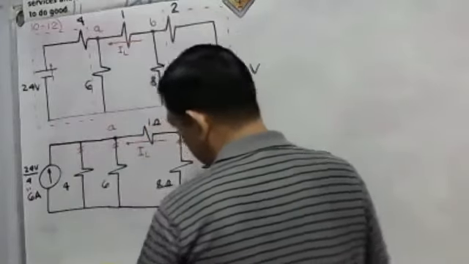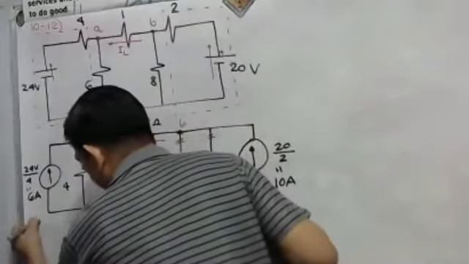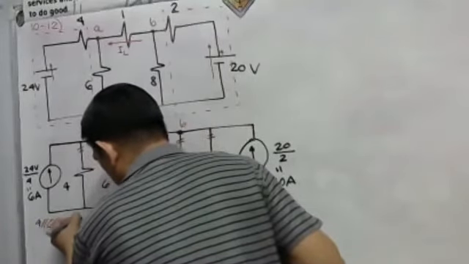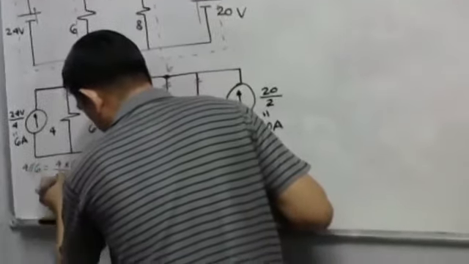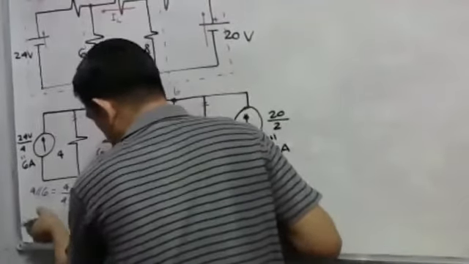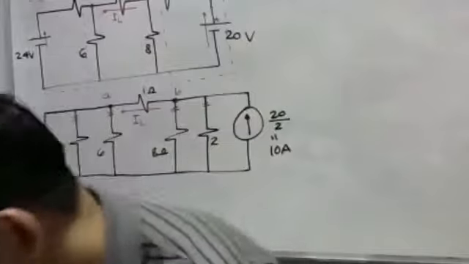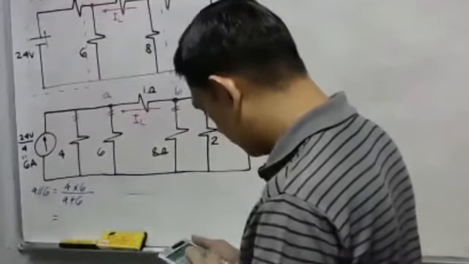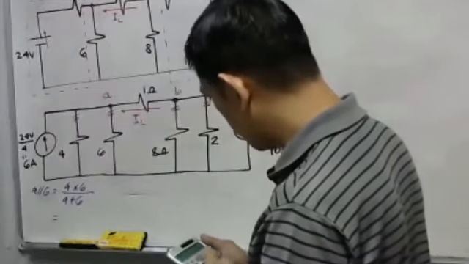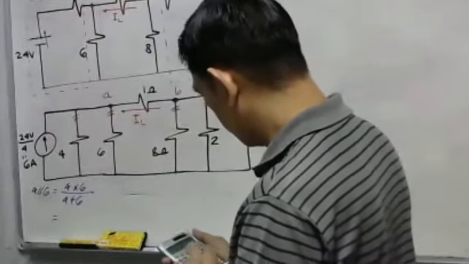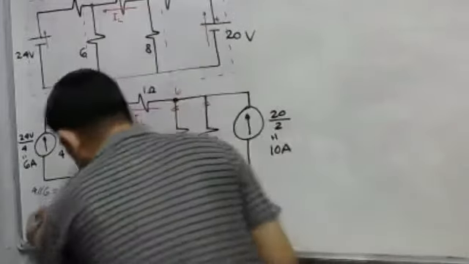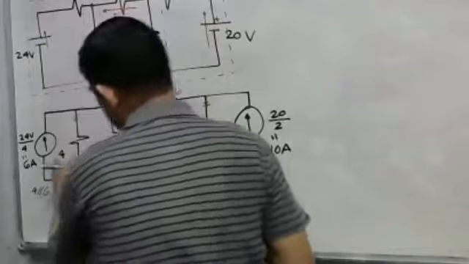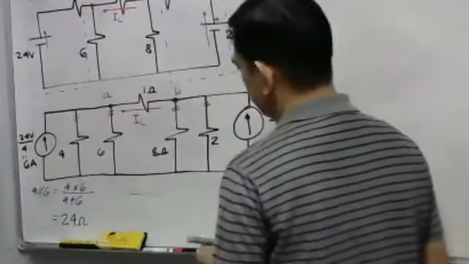Let us have the 4 ohm in parallel with the 6 ohm resistor: 4 times 6 over 4 plus 6. That is 4 times 6, divided by 10, so that is 2.4 ohms. That must be less than the smallest resistance.